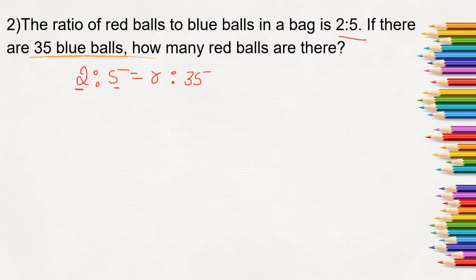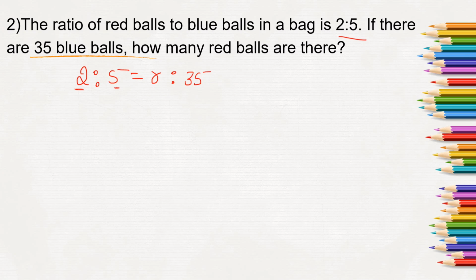Now, what do we have to do? We have to multiply. 2 into 35, that is a into d, that is extremes. We have understood in the previous video how to find the proportion of the given ratios, right? So first we have to multiply extremes and then multiply the means.